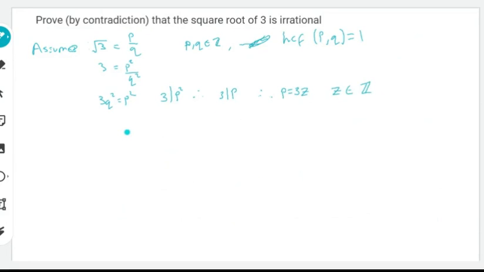And then 3q squared equals 9z squared. So p squared is 3z squared, which equals 9z squared. Therefore, q squared equals 3z squared.